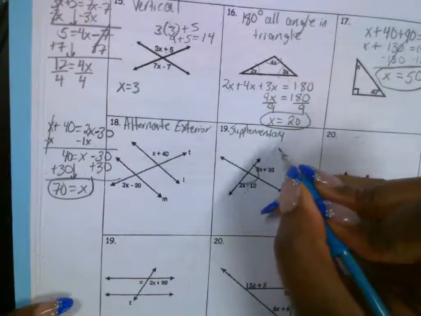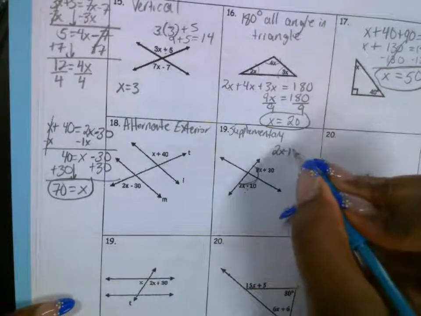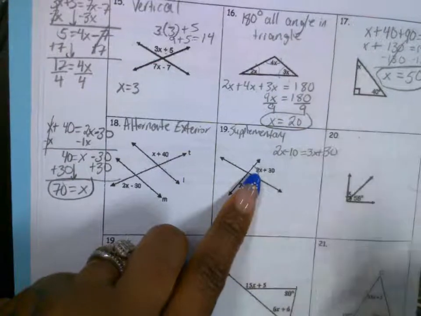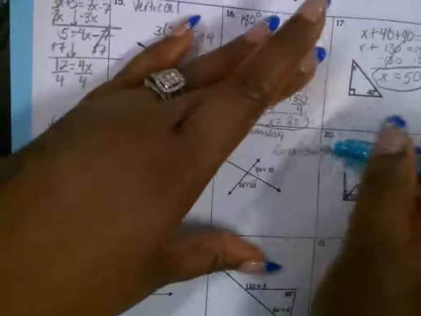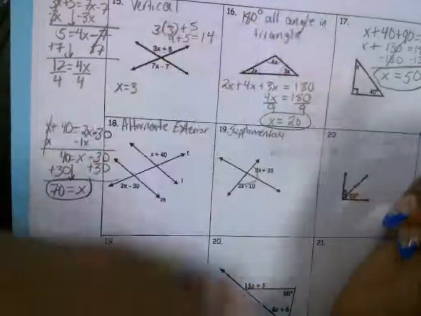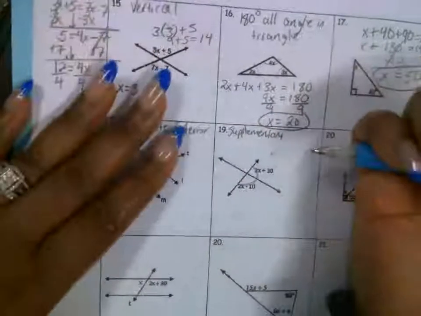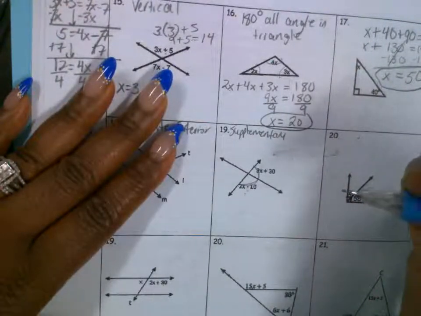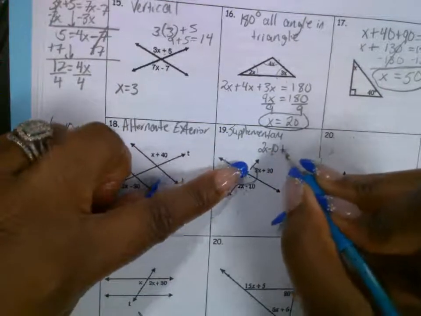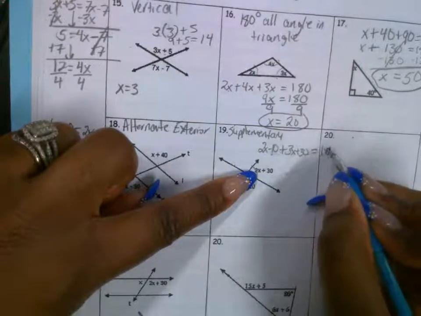So this is going to be 2x minus 10 plus 3x plus 30, all of it equal to 180 degrees.